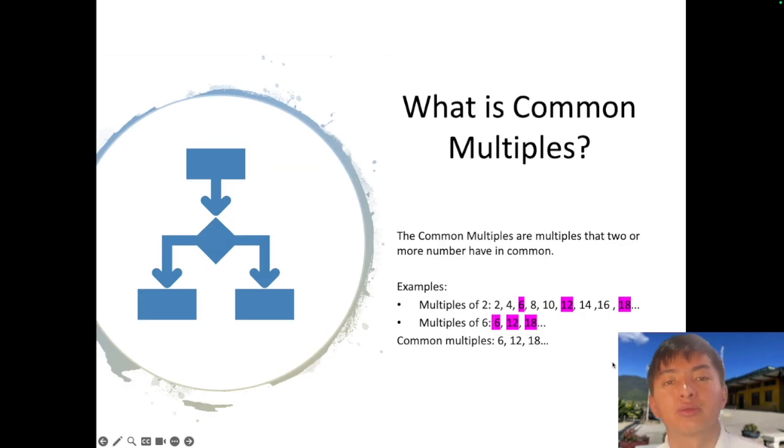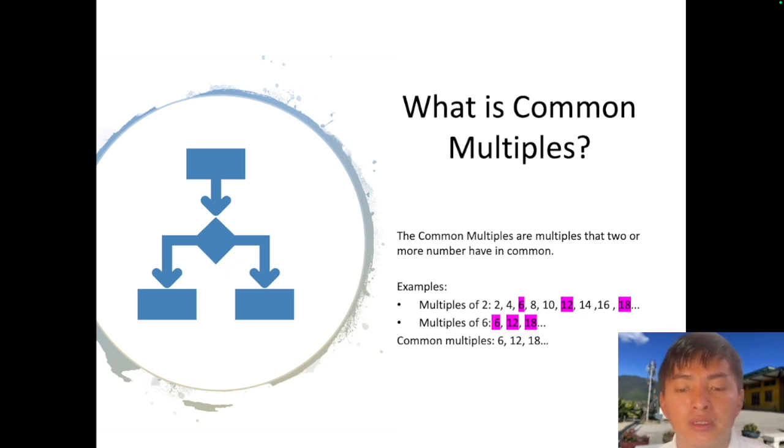So now that we have learned what is a multiple, let us move on with what is a common multiple. The common multiples are multiples that two or more numbers have in common. Example, multiples of 2 are 2, 4, 6, 8, 10, 12, 14, 16 and 18 and so on. Multiples of 6 are 6, 12, 18 and so on.